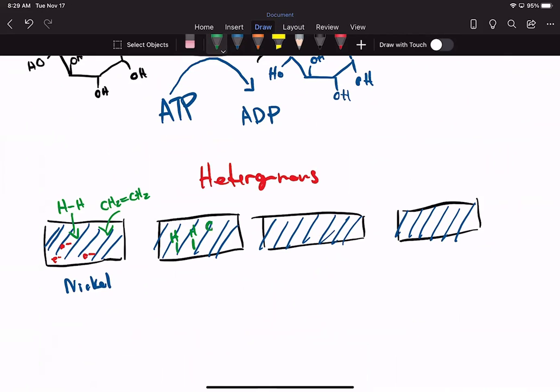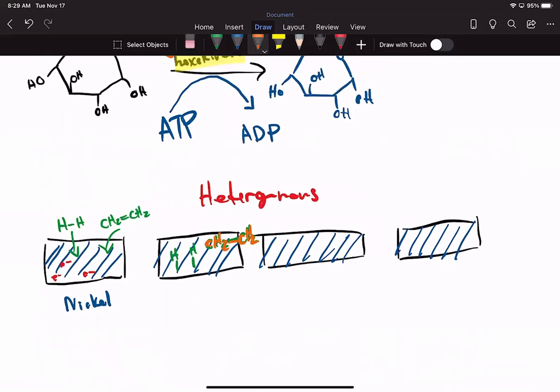And then we can have maybe some CH2, we had a double bond of CH2, but now a single bond of CH2. Now we have to have them react. So we activated them.